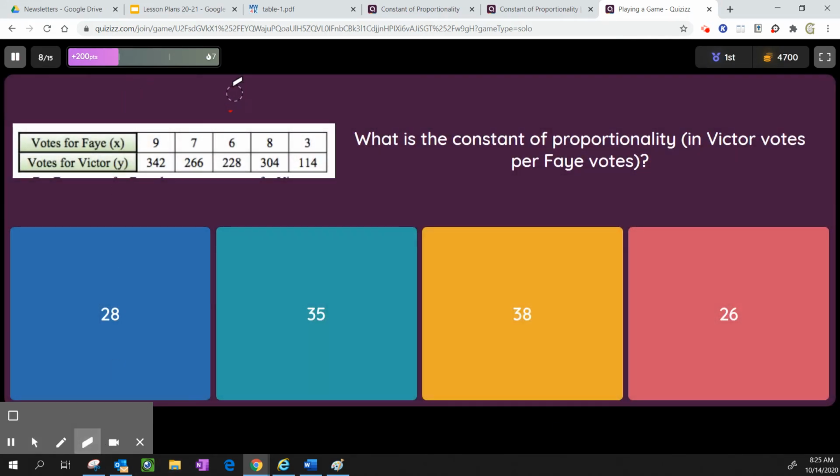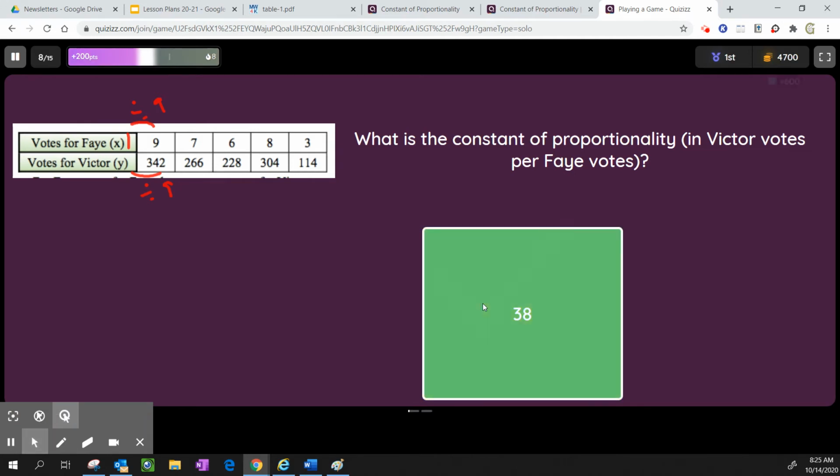Next one, what's the constant of proportionality here? So I need to get to my 1. So 9 divided by 9 is 1. So divide by 9. Or really, I'm just doing 342 divided by 9. So I'll check that one in my calculator. And I get 38.